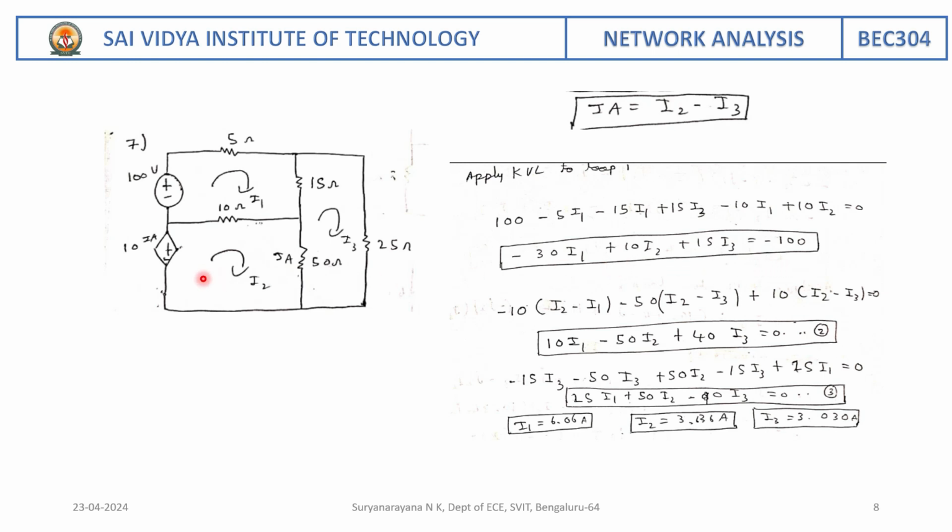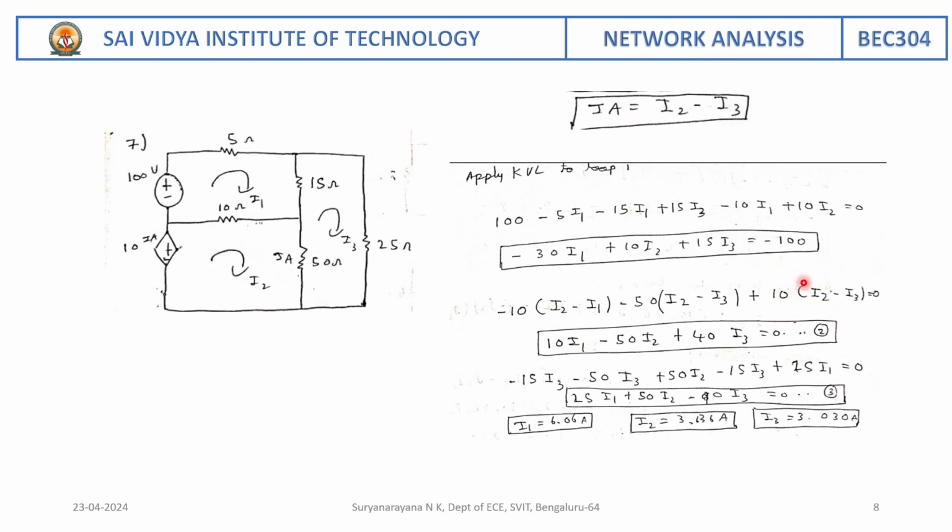Now let us consider the second mesh. We'll write the second mesh: minus 10 (I2 minus I1), again here minus 50 (I2 minus I3). Here there is a dependent voltage source. The first sign I encounter is minus, therefore it is plus 10 IA. What is IA?